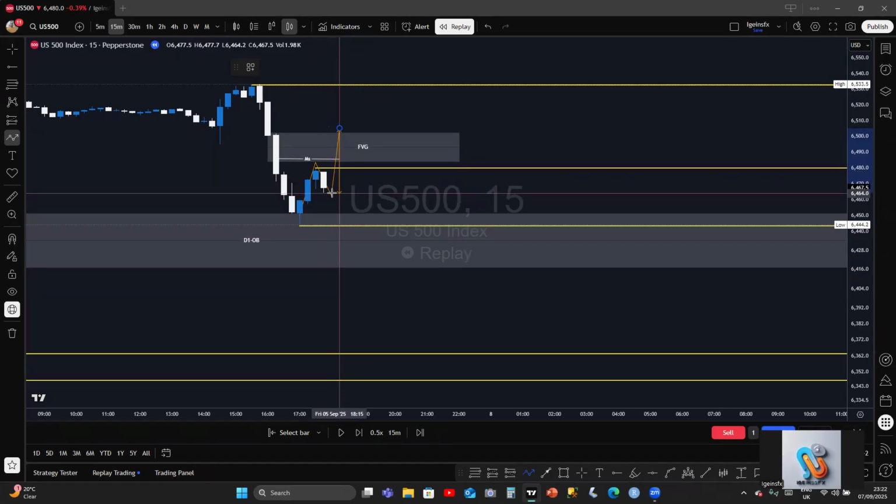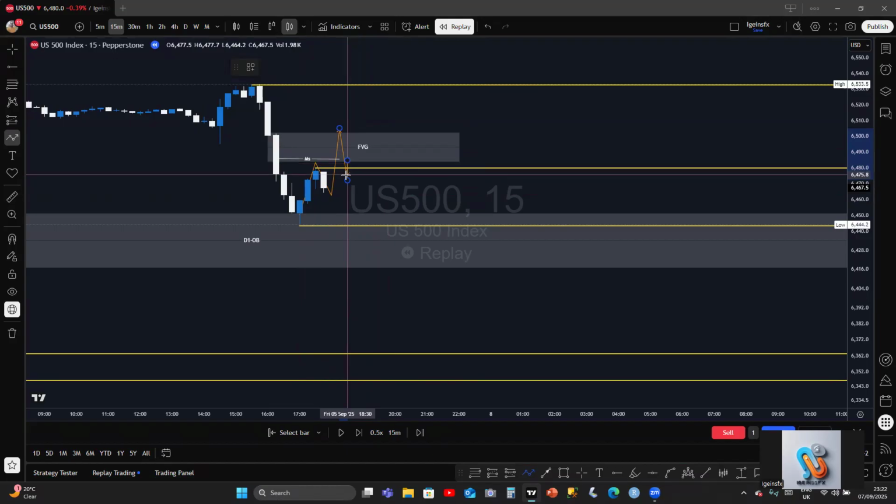And you will see if it's going to respect this level. Once this level is respected, that means price will stop somewhere here. If it stops here or it just tests the neckline here, then you now see price going back up. As it's going back up, you can now enter.